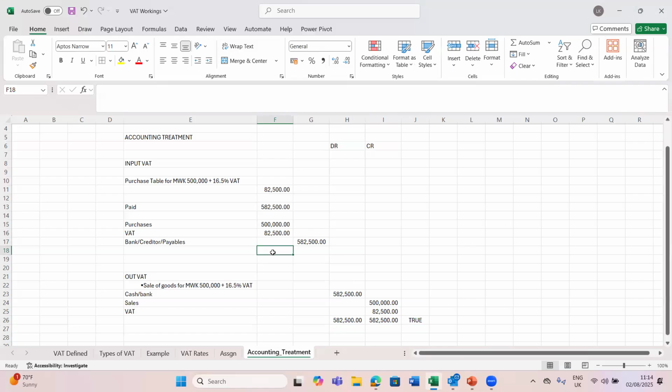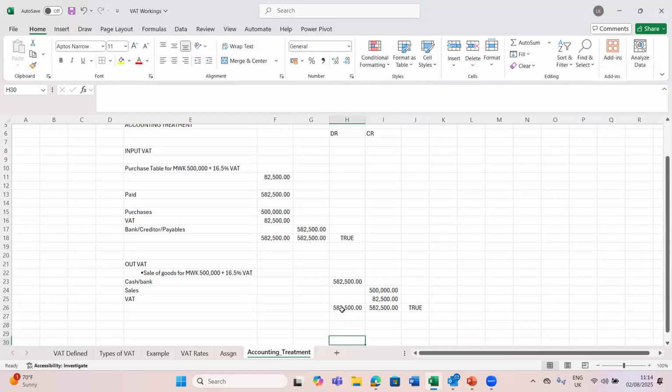Let's also balance this one. We say sum that one and sum this one. The debit equals the credit. True. So this is what happens.